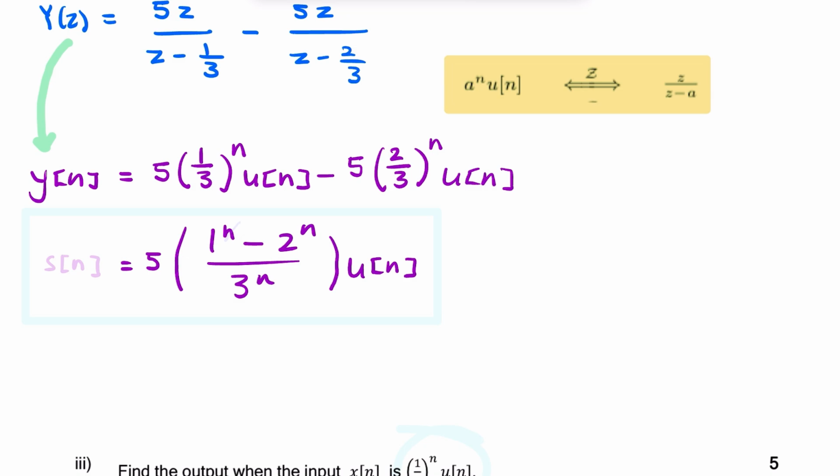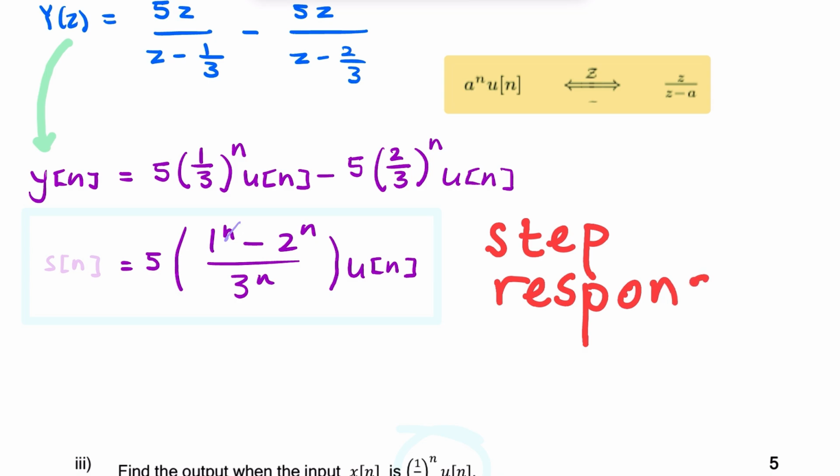And 1 to the power n is simply one. So it's just 1 minus 2 to the power n over 3 to the power n, all multiplied by 5 unit steps. And that's your final answer. I think that's the neatest it'll look. So that's your step response.